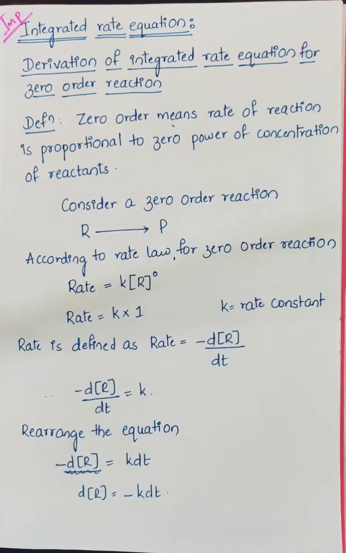Now we have got dR is equal to minus K dt.